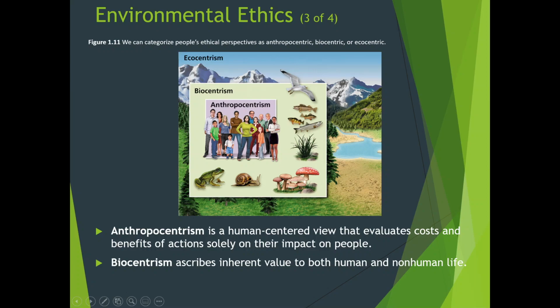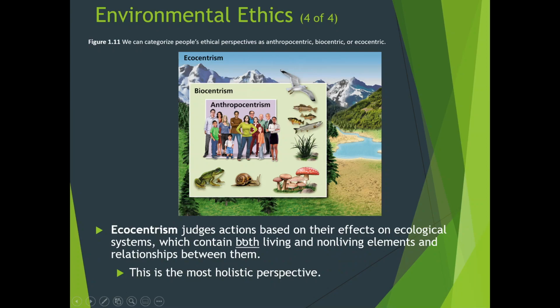These three things are not mutually exclusive. They kind of intertwine. Anthropocentrism is the human-centered view. Biocentrism ascribes inherent value to both human and non-human life, and ecocentrism judges actions based on the effects on the ecology.